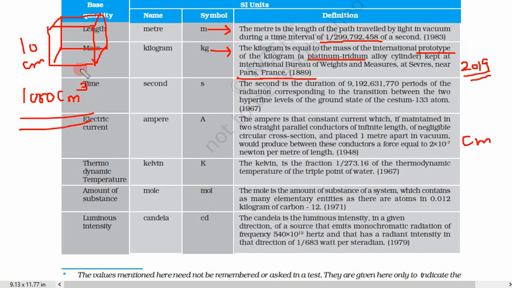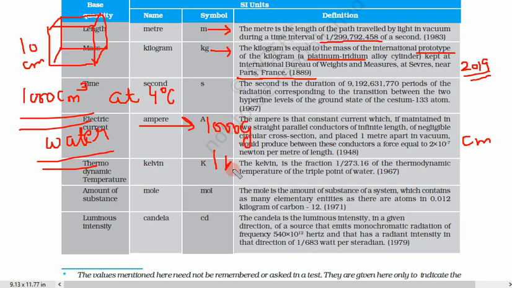So the volume of this cube is 1000 centimeter cube, and we fill water in this cube at 4 degrees centigrade. The weight of that water is equal to 1000 gram or 1 kg.